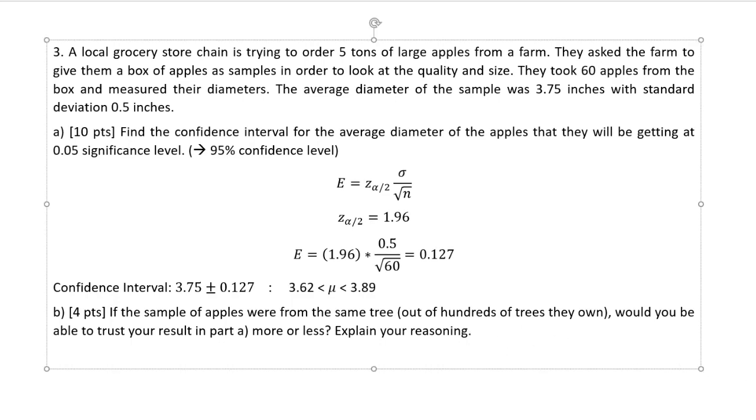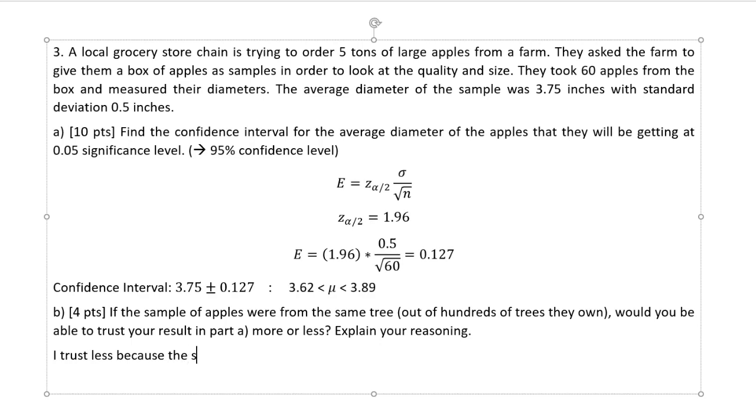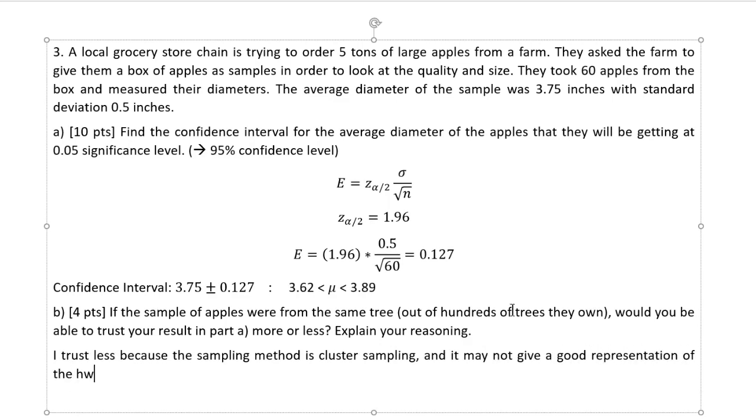So I would say I trust it less, because the sampling method is cluster sampling, right? You're only sampling from one part, and it may not give a good representation of the whole population.